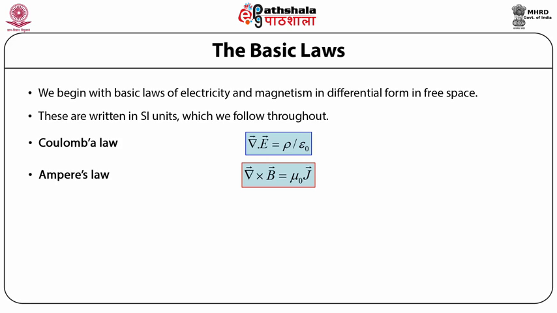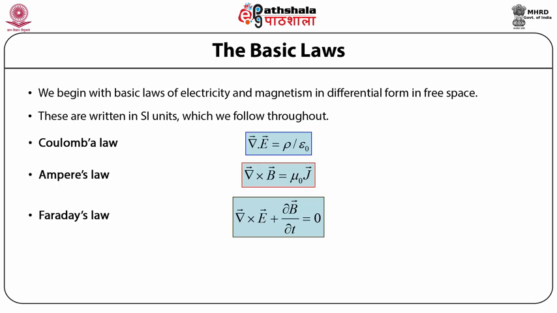The third law that we discuss here is Faraday's law of electromagnetic induction, which is defined as the curl of the electric field plus the time variation of the magnetic field induction vector, that is, del cross E plus del B by del t is equal to 0.